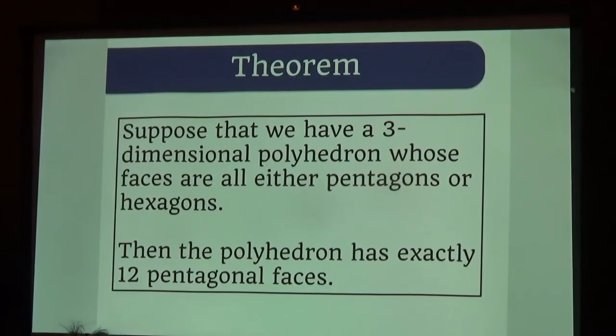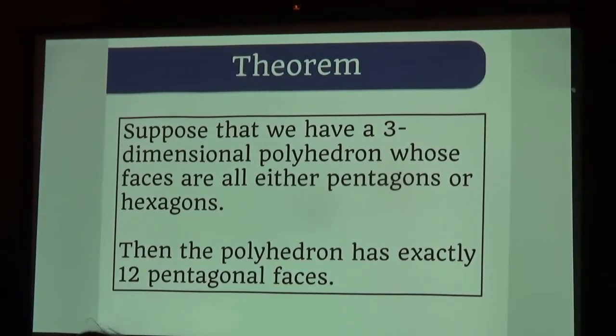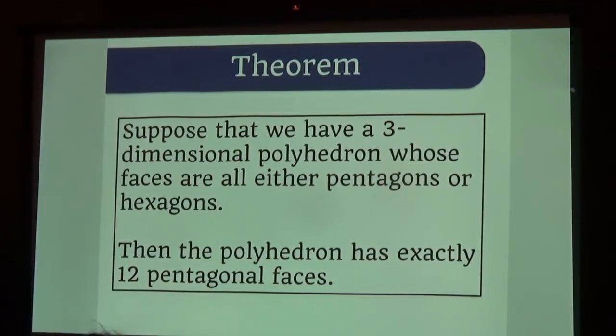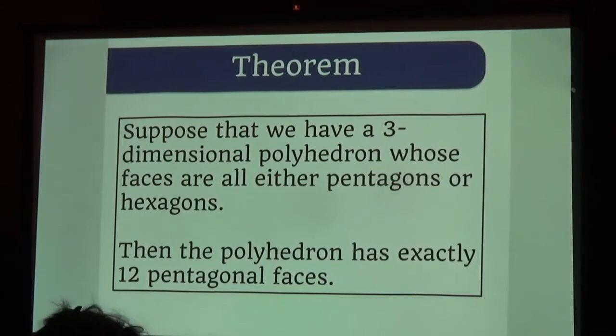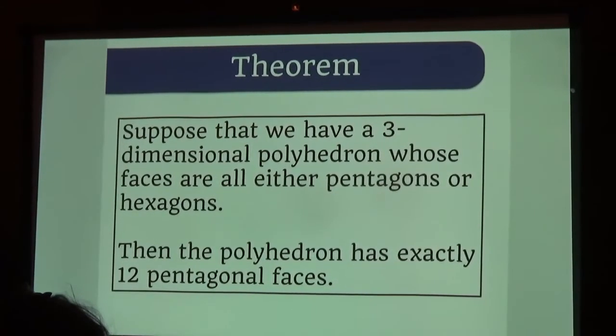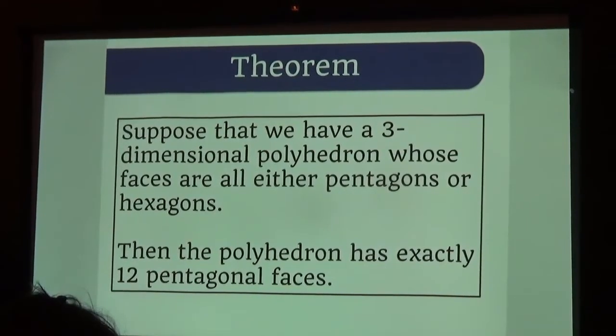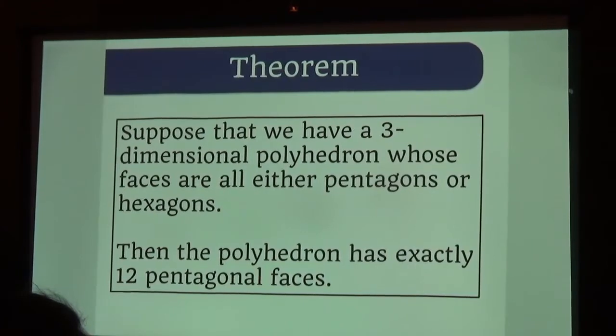I can say that the polyhedron, via algebraic topology, and in particular the Euler characteristic, has exactly 12 pentagonal faces. It can't have any less, which was their point in the previous quiz, and it cannot have any more. So any polyhedron in 3 dimensions, which has only pentagons and hexagons as its faces, must have 12 pentagons. There's nothing more to it. That's a fact.